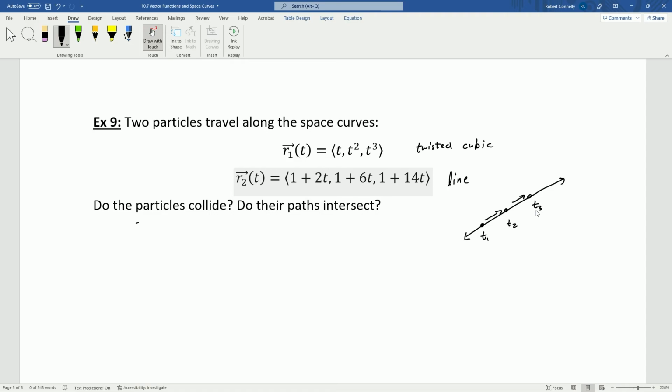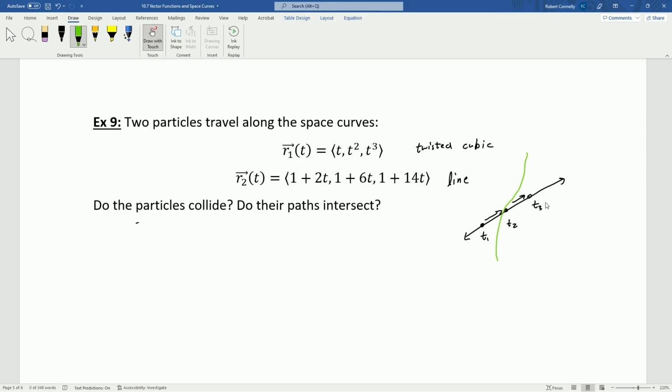And the same thing is happening on this twisted cubic. So let's say maybe we're looking at one of those cross sections of this twisted cubic, so maybe it just looks something like this. So the question is, first of all, do the paths intersect, and do the particles moving collide?